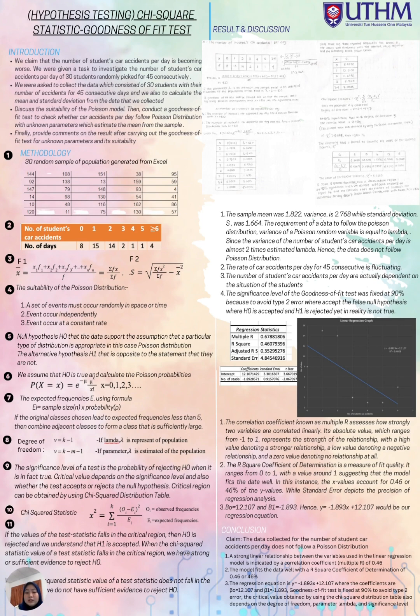The null hypothesis H naught is that the particular distribution provides a model of the data, and the alternative hypothesis is that it does not.